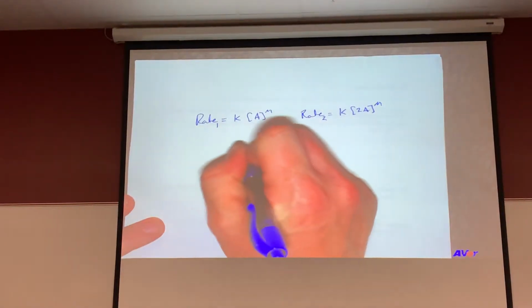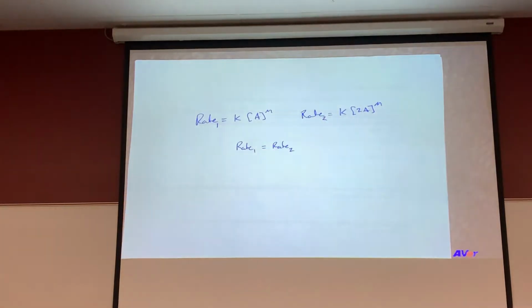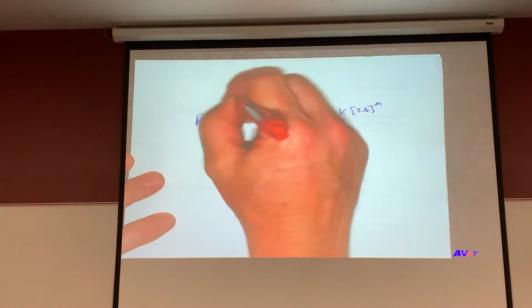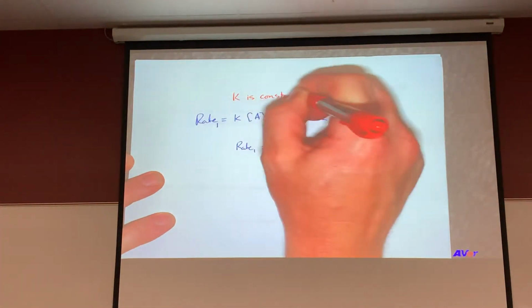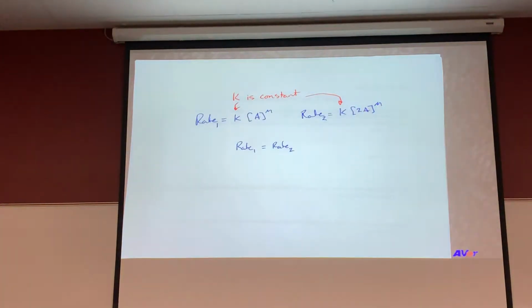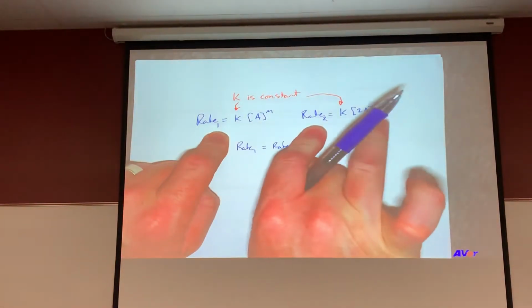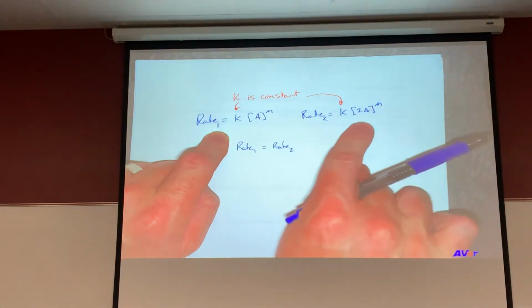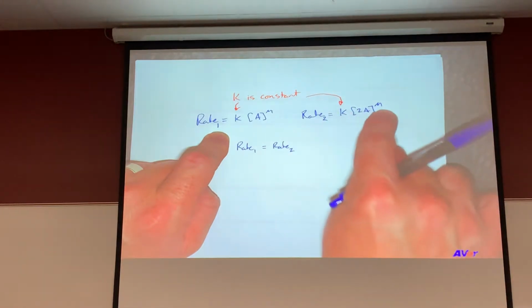And if you know that rate 1 is equal to rate 2, and remember that K is constant. Here's your question. If K is a constant, and these 2 rates are the same, even when you double that concentration of A, what is the value of M?